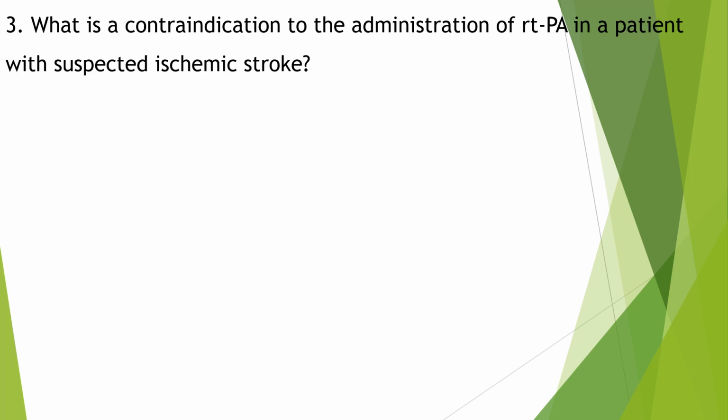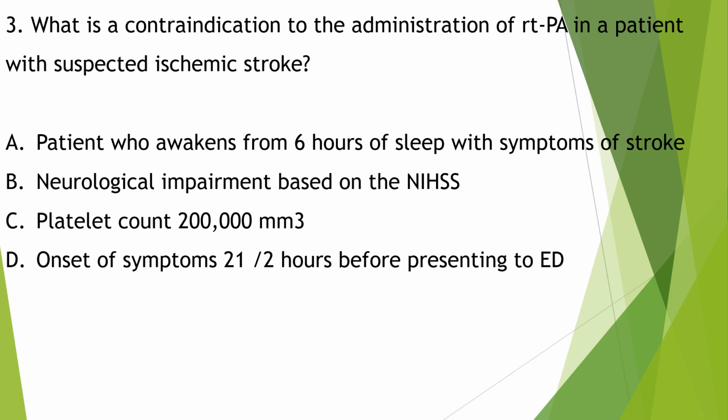What is the contraindication to the administration of RTPA in a patient with suspected ischemic stroke? Patient who awakens from 6 hours of sleep with symptoms of stroke, neurological impairment based on NIHSS, platelet count 2 lakh per mm³, onset of symptoms 2.5 hours before presenting to the emergency department.